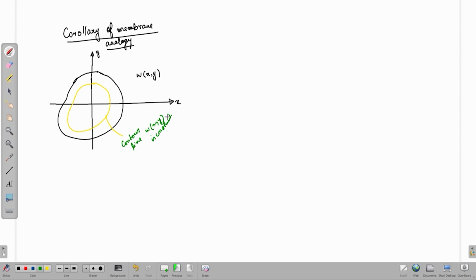First let me tell you that at any point on the contour lines of the membrane, the shear stress has a 0 resultant in the normal direction and the entire resultant of the shear stress at the point is in the tangential direction.